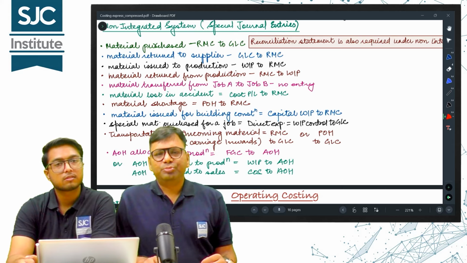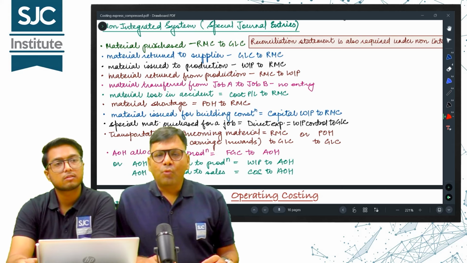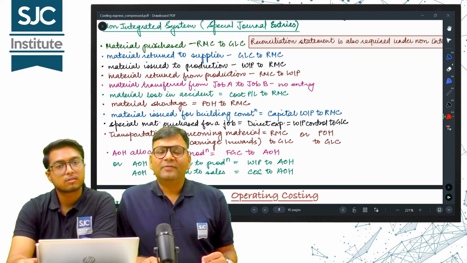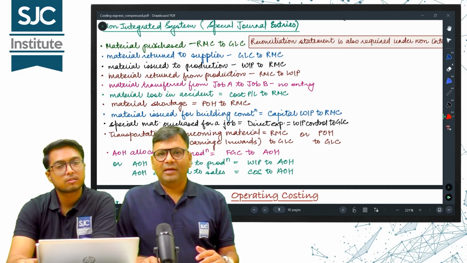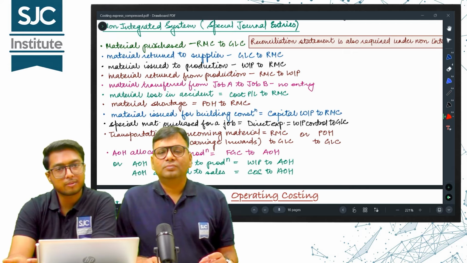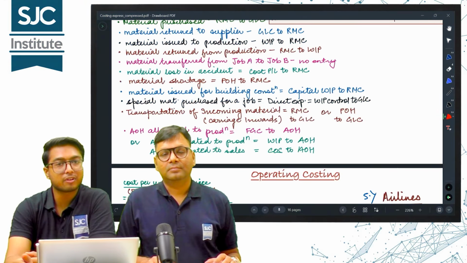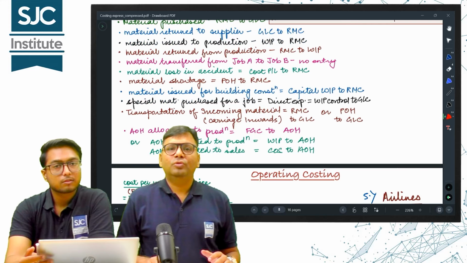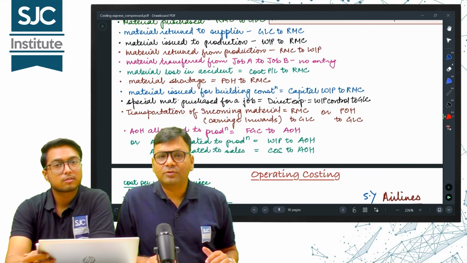Let's put forth wages. If direct wages and indirect wages are both given, then the first entry that we pass is by adding direct wages and indirect wages. That will be wages control to GLC. Admin overhead allocated to production. This time the allocation to production will not go to WIP, it will go to finished goods control.